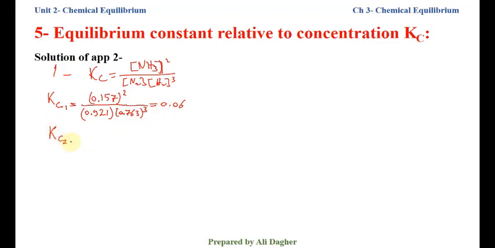Kc2 for experiment 2, the same. Concentration of NH3 equals 1.82 power 2 over concentration of N2 equals 2.59 times concentration of H2 2.77 power 3, equals also 0.06.